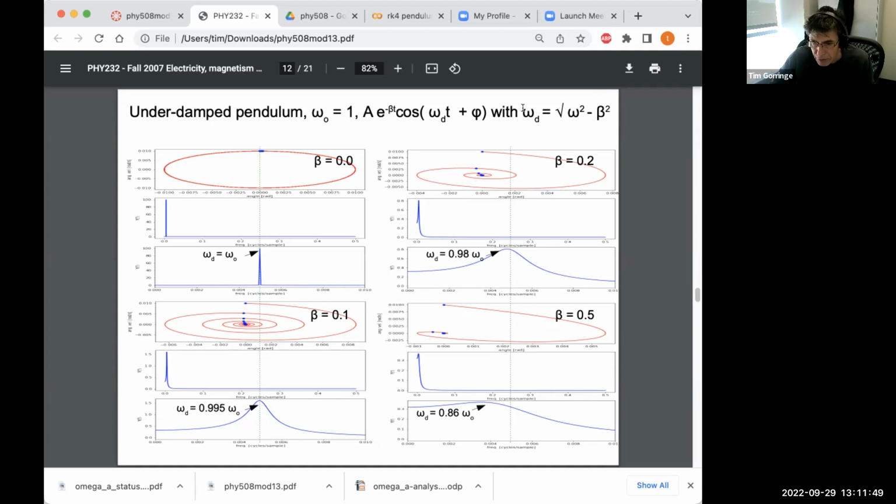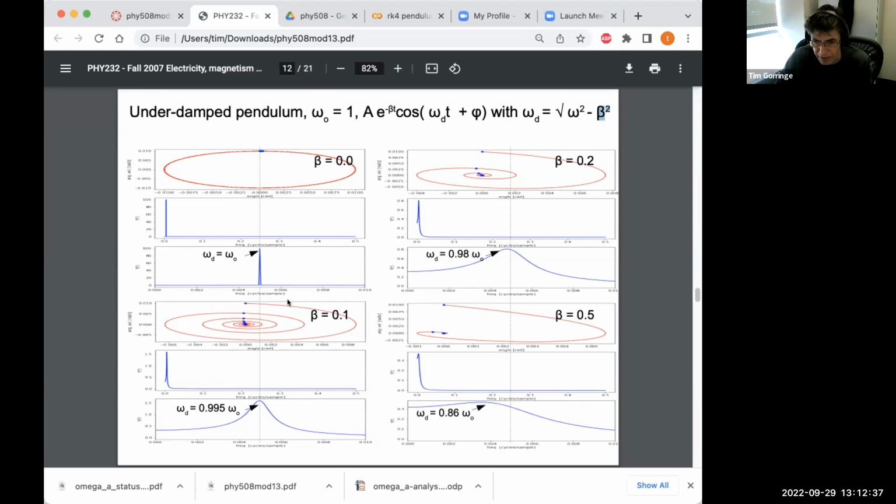And there's an equation, it's upstairs here, for the natural frequency of the damped pendulum, that's omega d, in terms of the natural frequency of the undamped pendulum, that's omega here, and the damping parameter. You can see here that omega d equals the square root of omega squared minus beta squared. So as we increase beta, we're going to decrease omega d. Now, because of the squares, it's not a linear decrease in omega d with beta. When beta is really small, it barely has any effect. But when beta gets bigger, it starts to have an increasingly large effect on the frequency of the damped pendulum.